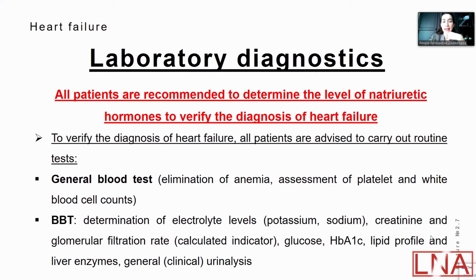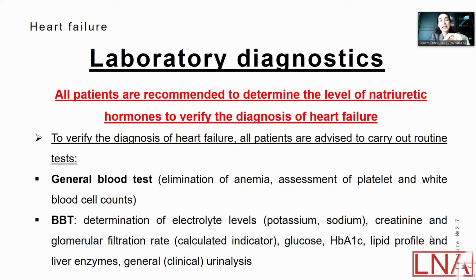Biochemical blood tests include electrolyte levels of potassium and sodium, which will be signs of activation of the renin-angiotensin-aldosterone system, and creatinine level, a marker of damage to the glomerular filtration rate, with glomerular filtration rate calculated by the Chronic Kidney Disease Epidemiology formula.